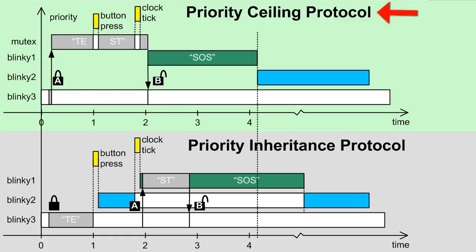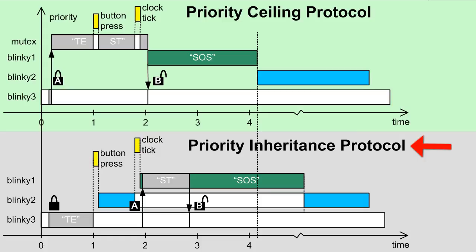In fact, most RTOSes implement mutexes with a different strategy called priority inheritance protocol. So even though I can't show you a working example because QXK does not support priority inheritance, I'd like to briefly explain the difference between the two strategies and point out their respective strengths and weaknesses.